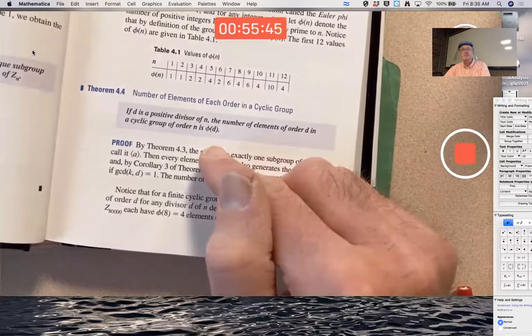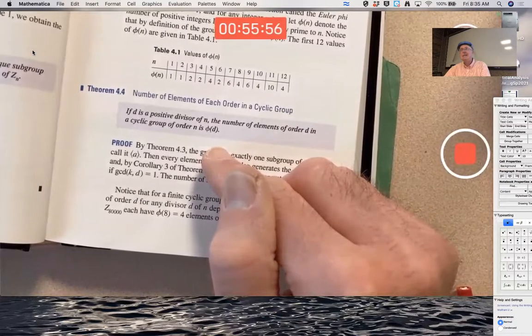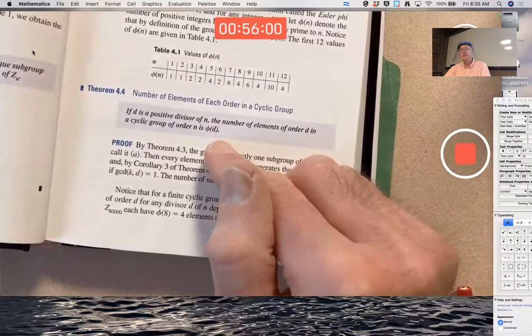Does that make sense? If I take both D and n to be 60, 60 divides 60. I'm thinking about Z60. It's going to have phi of 60 generators, 16 generators.